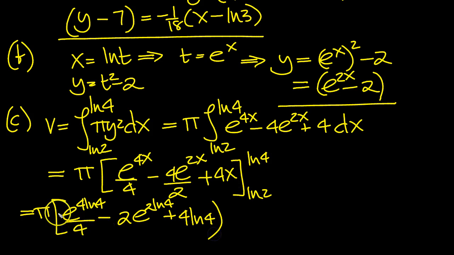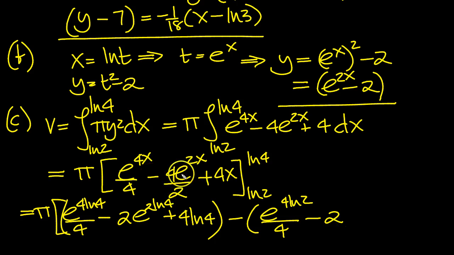That's the top values put in. Take away the bottom values, e to the 4 lots of log 2 this time over 4 minus 2 lots of again e to the 2 log 2 plus the 4 log 2.